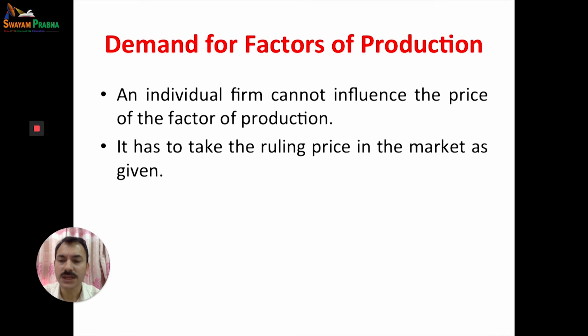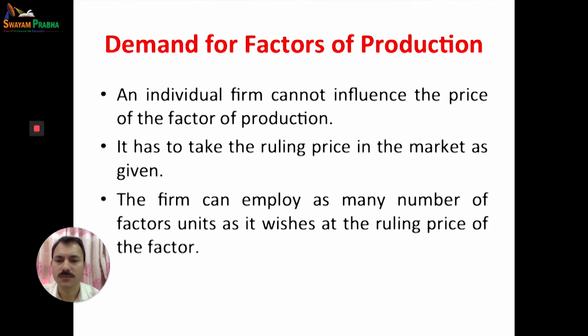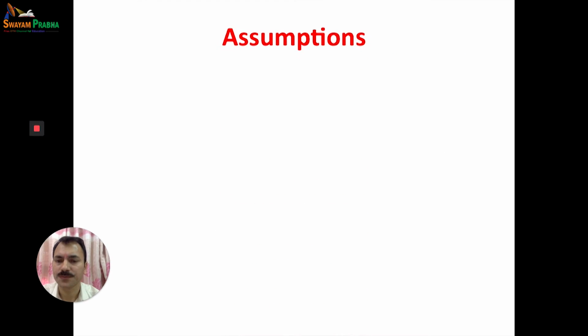Ruling price means the price fixed through the demand and supply forces of the market, determined by the industry. The firm can employ as many units of the factor as it wishes at the ruling price of the factor.